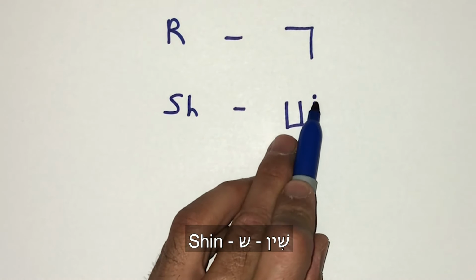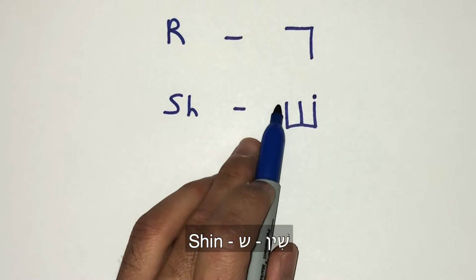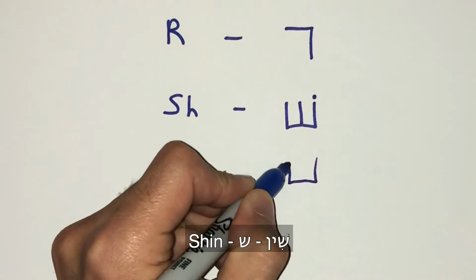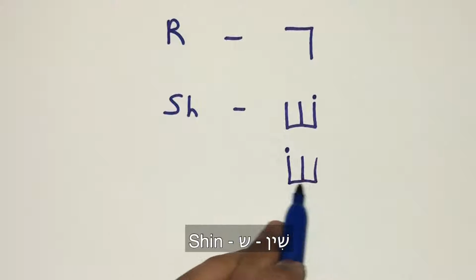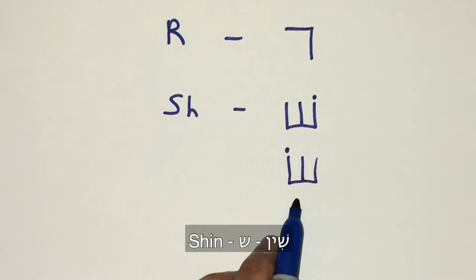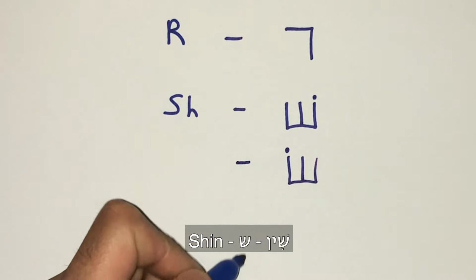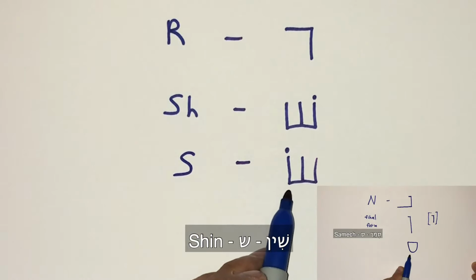because once we move this little dot from the right side to the left side, the pronunciation changes from shin to s, and the letter is now sin, s. The English equivalent is S. You remember the letter samech?